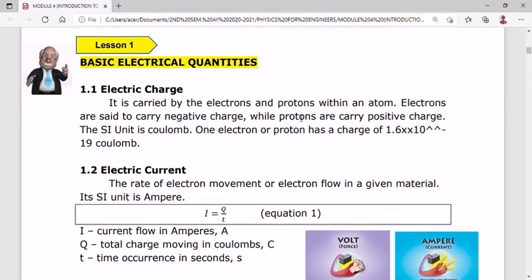Electrons carry negative charge, while protons carry positive charge, and neutrons are neutral. The SI unit of electrical charge is the coulomb, and take note that one electron or one proton has a charge of 1.6 times 10 raised to negative 19 coulomb.